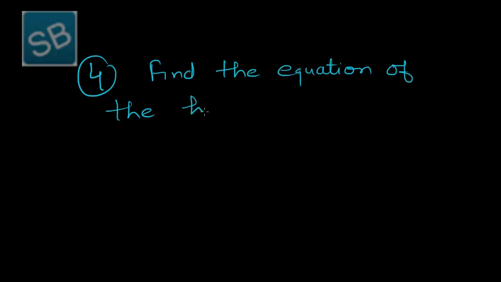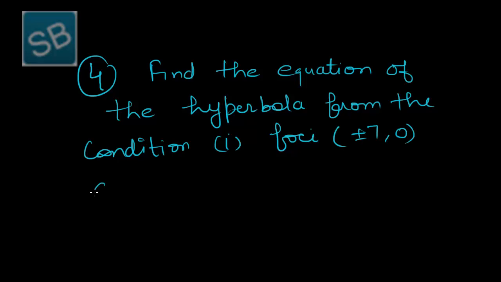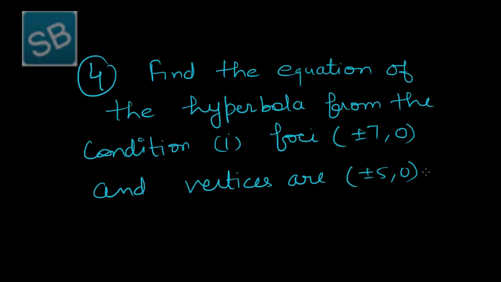Problem number 4 is, find the equation of the hyperbola from the condition: one condition is foci are plus minus 7, 0 and vertices are plus minus 5, 0.